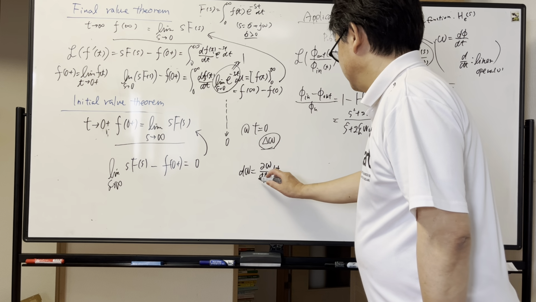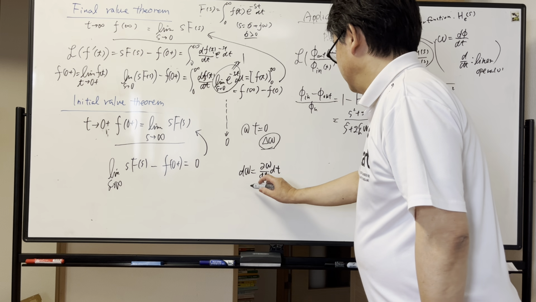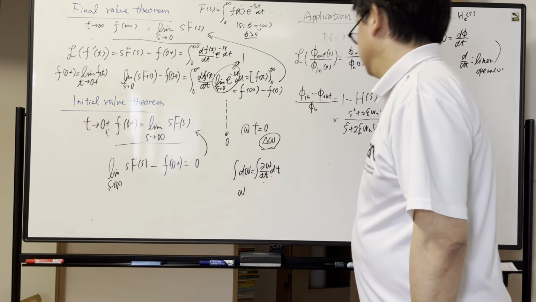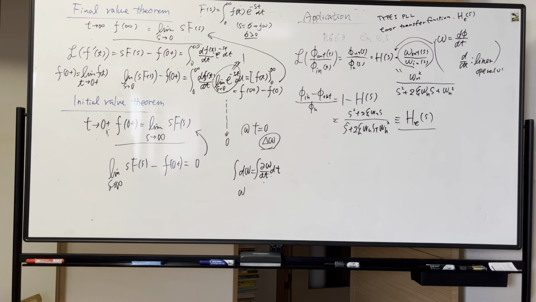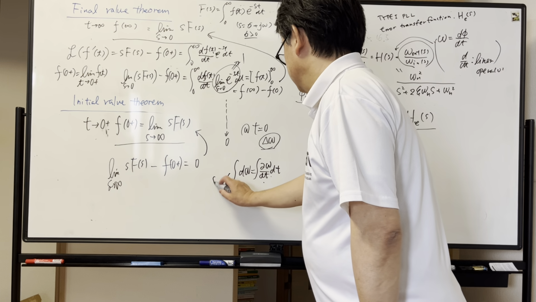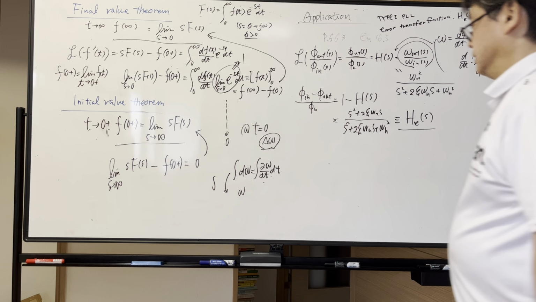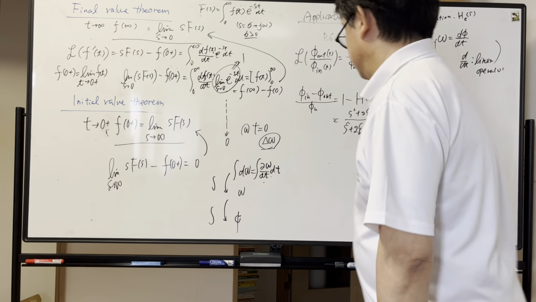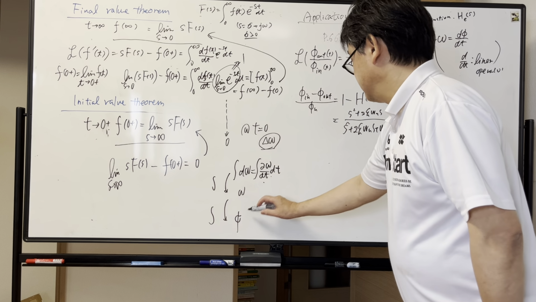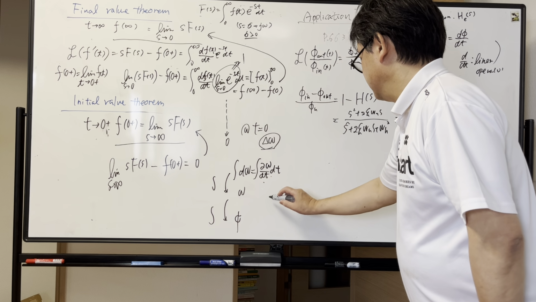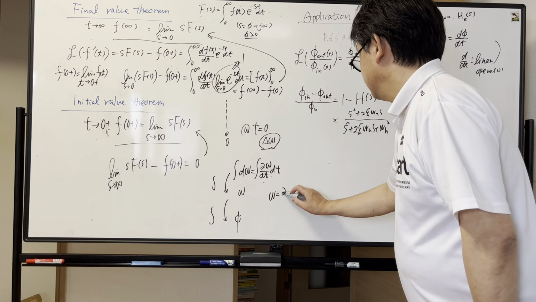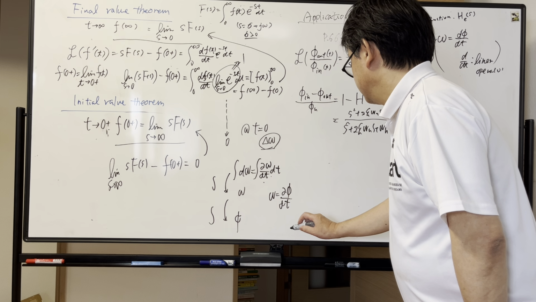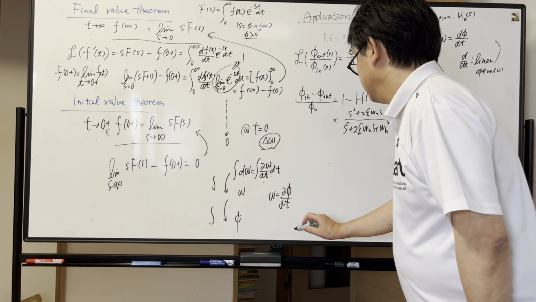Considering just time variation, integrating this makes omega, and we need phase phi, but integration of omega makes phi because omega is del phi del t.